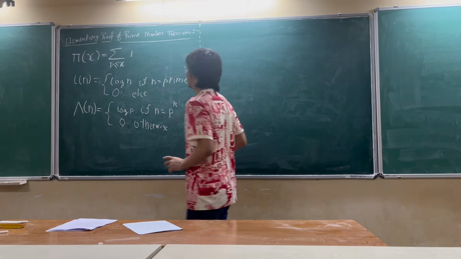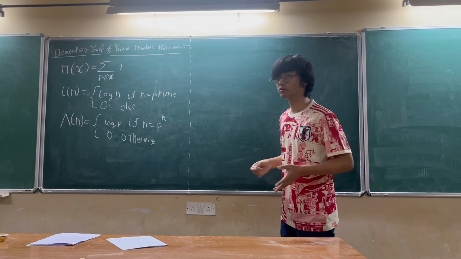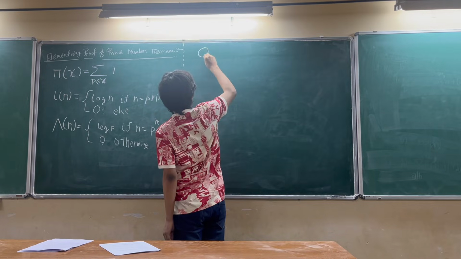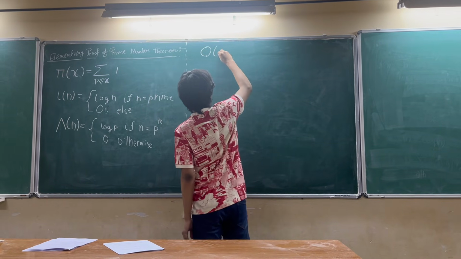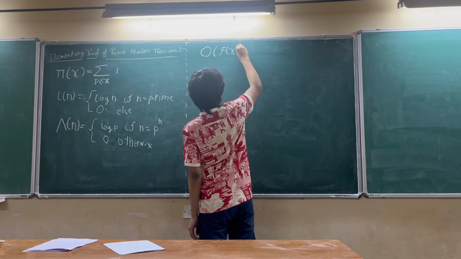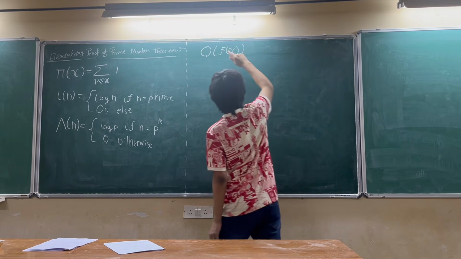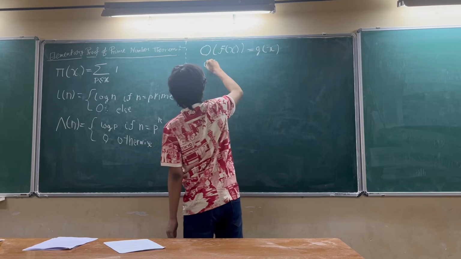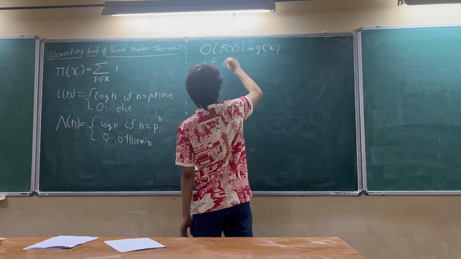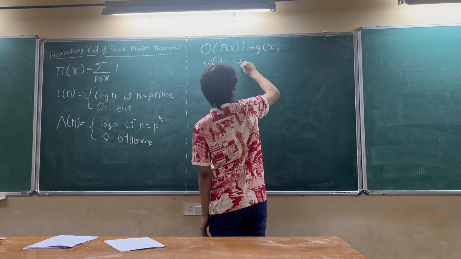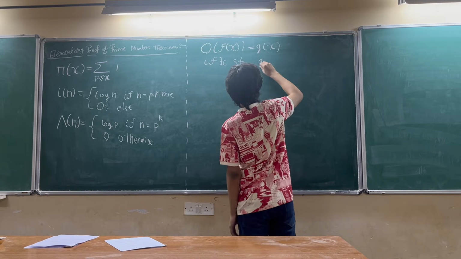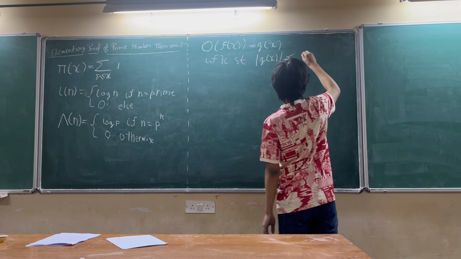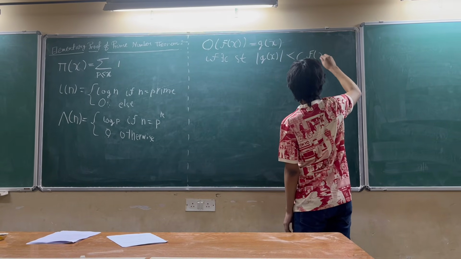Now we need some more notation to fully understand the prime number theorem. So for notation we introduce big O: a function f of x is said to be O of g of x if there exists some constant c such that the absolute value of f of x is at most a constant times g of x.